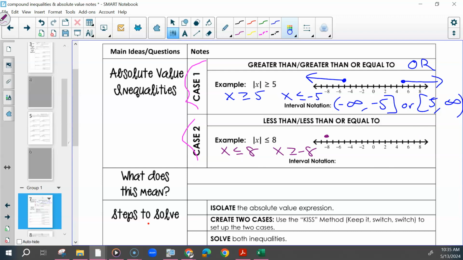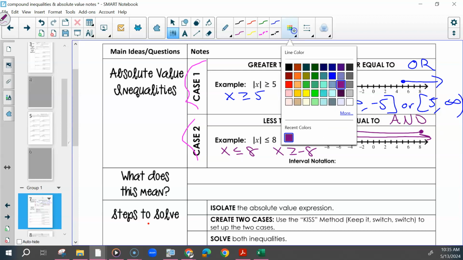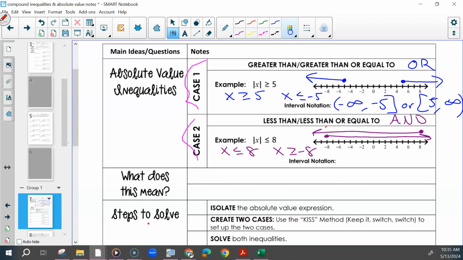It would be everything greater than or equal to negative 8 and everything less than or equal to 8. So this is where they're going to overlap and be that and. You really just need the places where it starts and where it ends, the overlapping piece. So that interval notation would just be, where does it start, where does it stop, from -8 to 8.